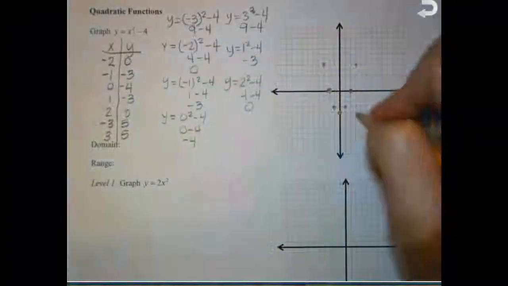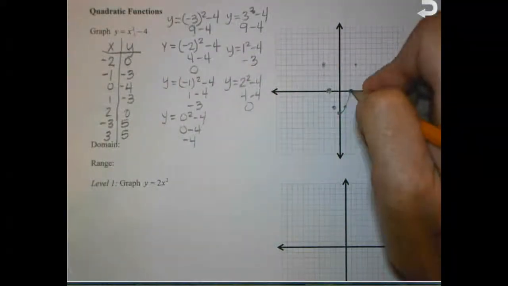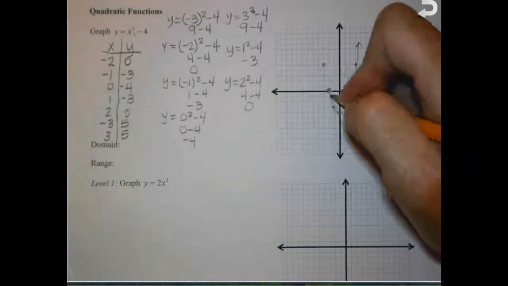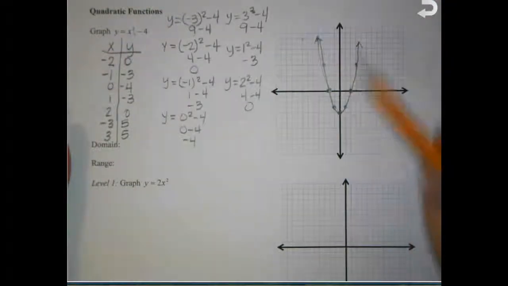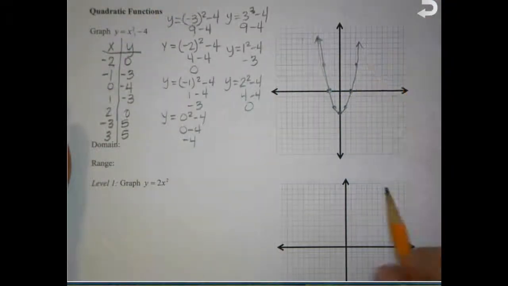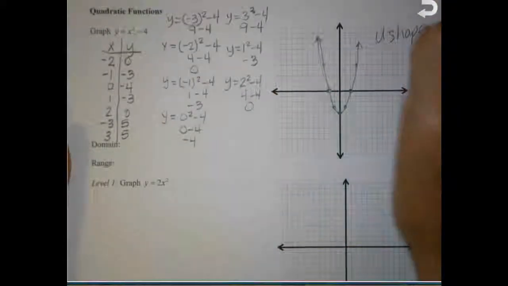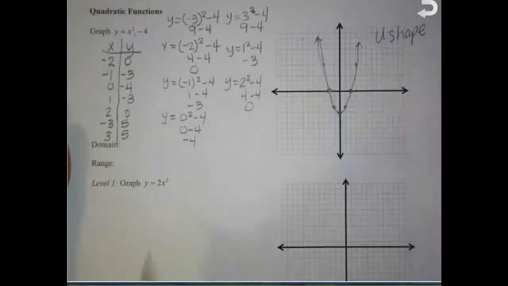So what I need to do instead is form a sort of rounded shape that's going up very, very quickly. This is a parabola, and it has a kind of a U shape. You can't use the ruler to make it, but it should be pretty rounded going up.